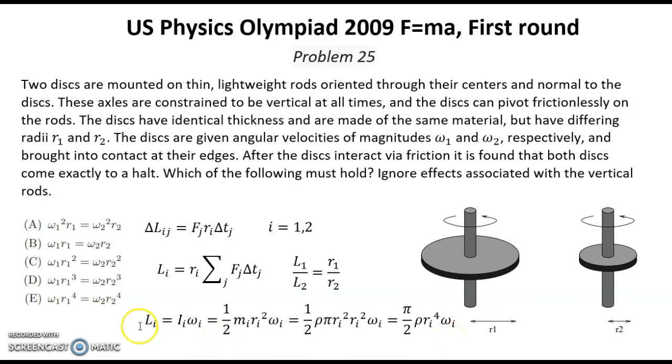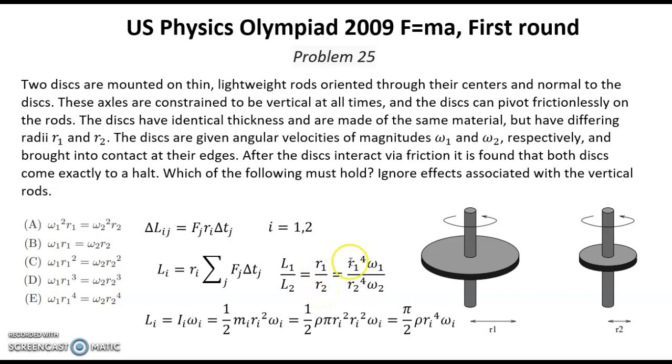Now we can divide the angular momentum of the first disk by that of the second disk and equate it to this expression. So after dividing L1 over L2, we have this relation, and it's equal to the initial ratio r1 over r2.